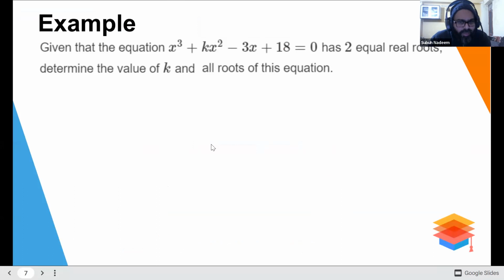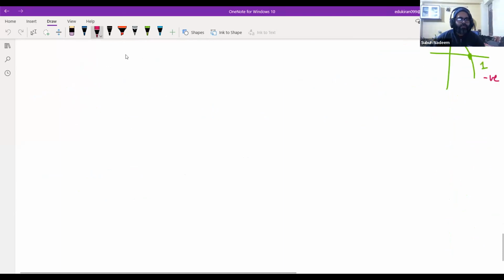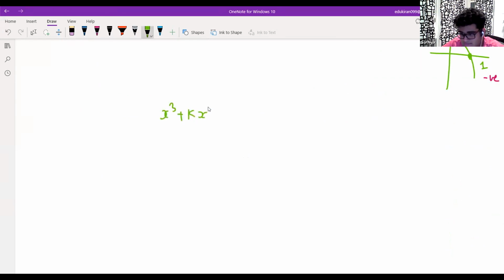Given that the equation has two equal real roots, determine the value of k and all roots of this equation. So here they have asked in a different way. Can you tell me the equation? x cube plus kx square minus 3x plus 18.